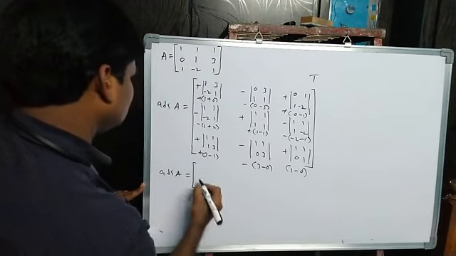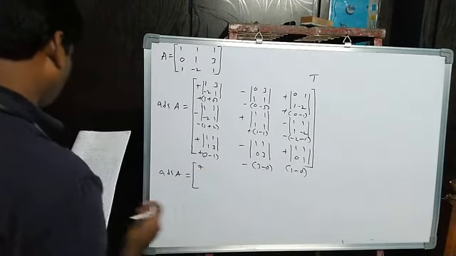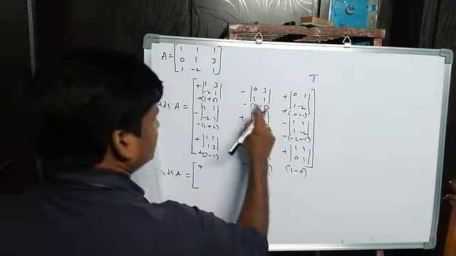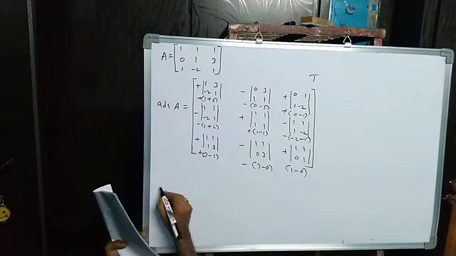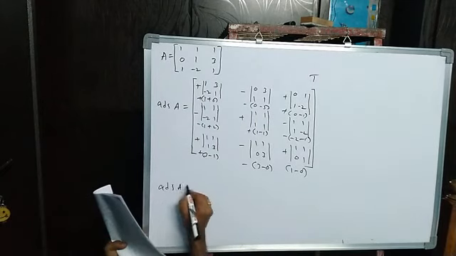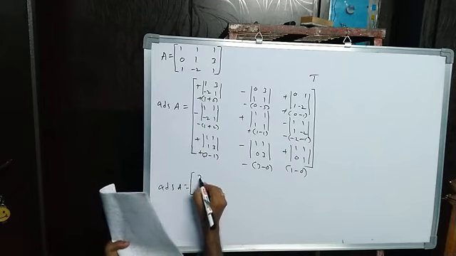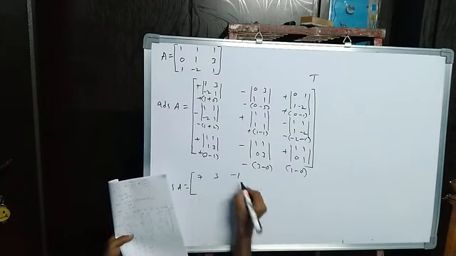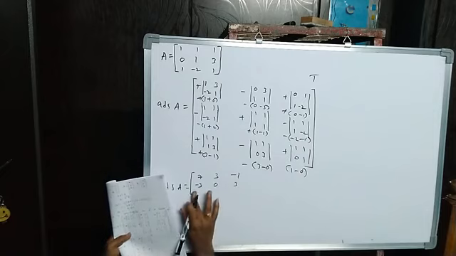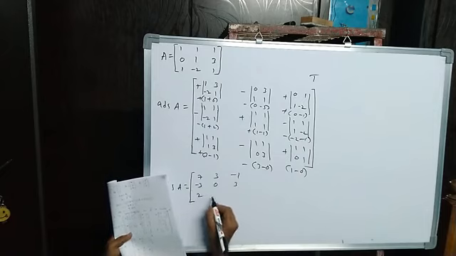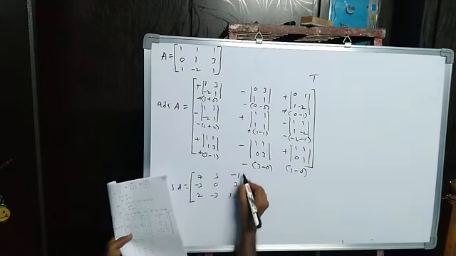Adjoint is equal to, I will write those values: 7, 3, minus 1, minus 3, 0, 3, 2, minus 3, 1.